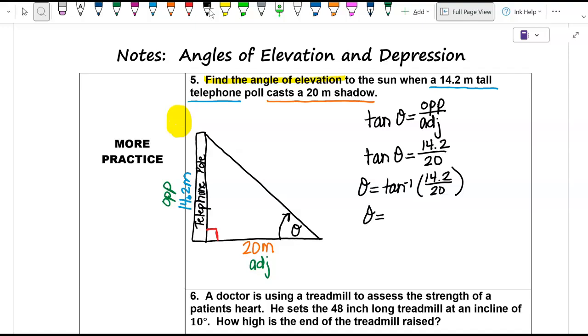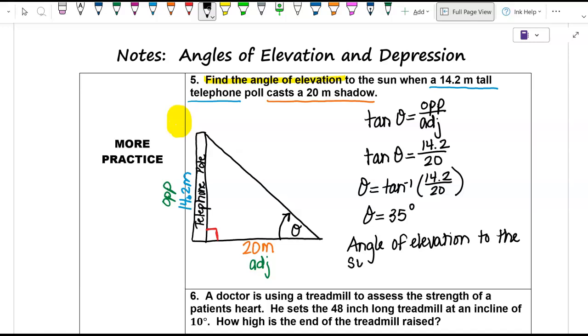And if we're rounding to the nearest whole degree, what are we getting for that? 35 degrees. So the angle of elevation to the sun is 35 degrees.